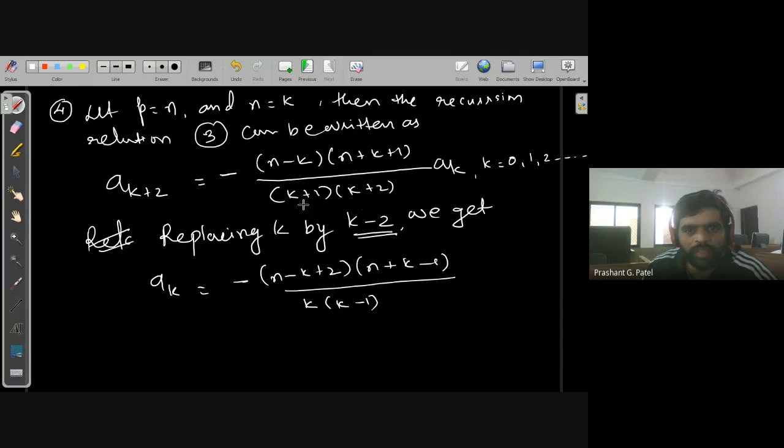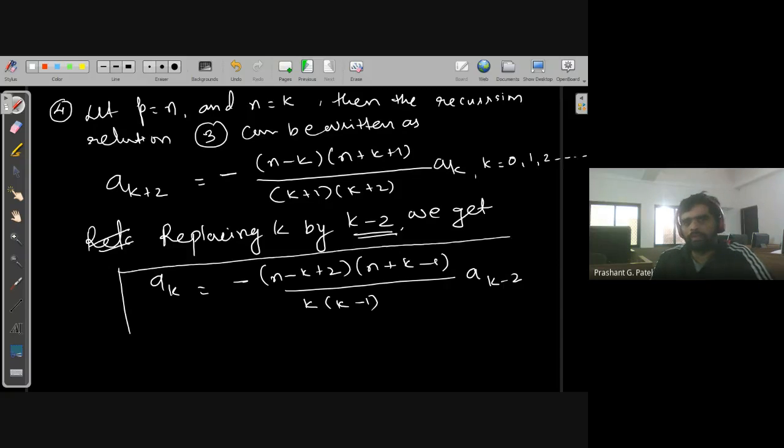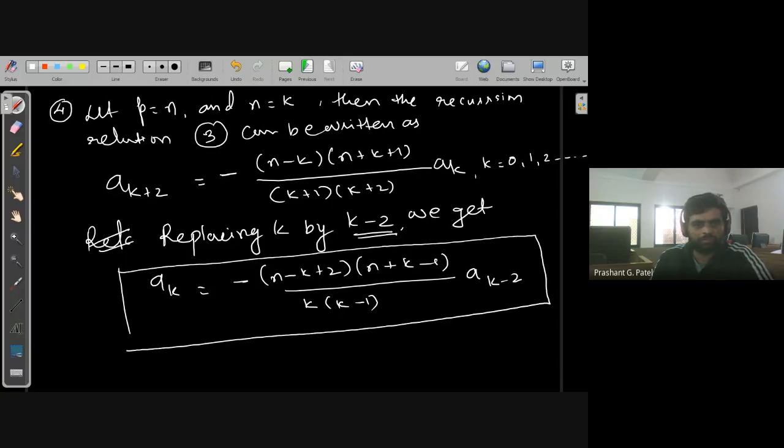In the denominator we have k minus 2 plus 1, so it is k minus 1, and k minus 2 plus 2, so it will become k. Instead of ak we have ak minus 2. So this we have to remember. Later on we will use this. Okay, so we can note this one, and we will use this to get another thing.